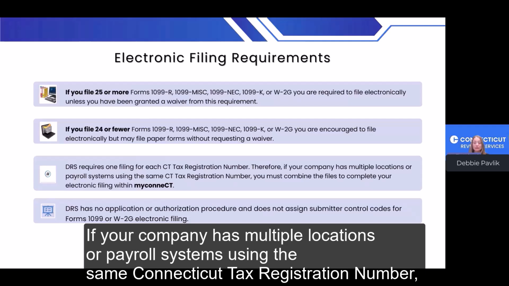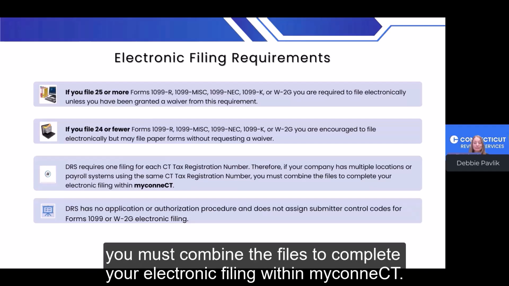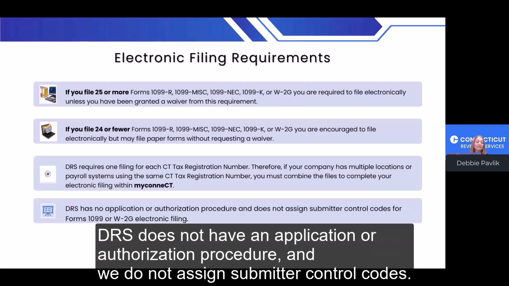If your company has multiple locations or payroll systems using the same Connecticut tax registration number, you must combine the files to complete your electronic filing within MyConnect. DRS does not have an application or authorization procedure, and we do not assign submitter control codes.